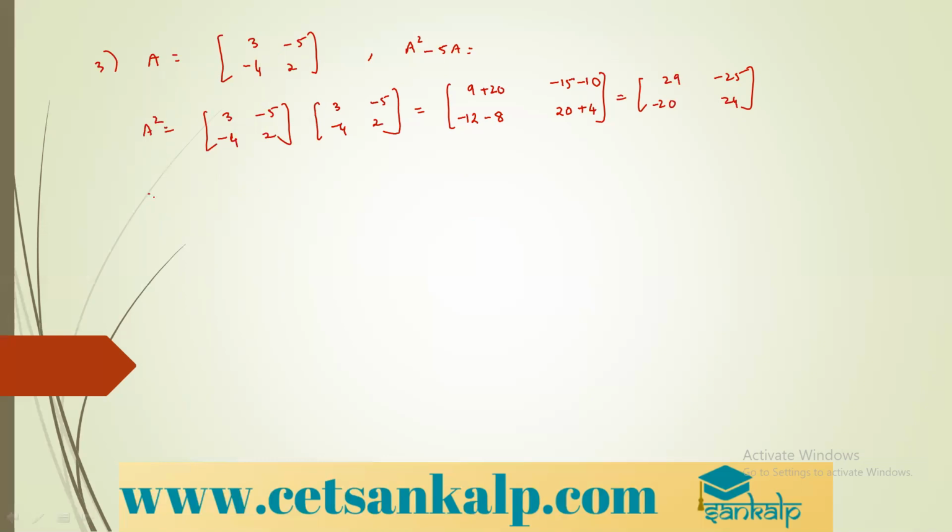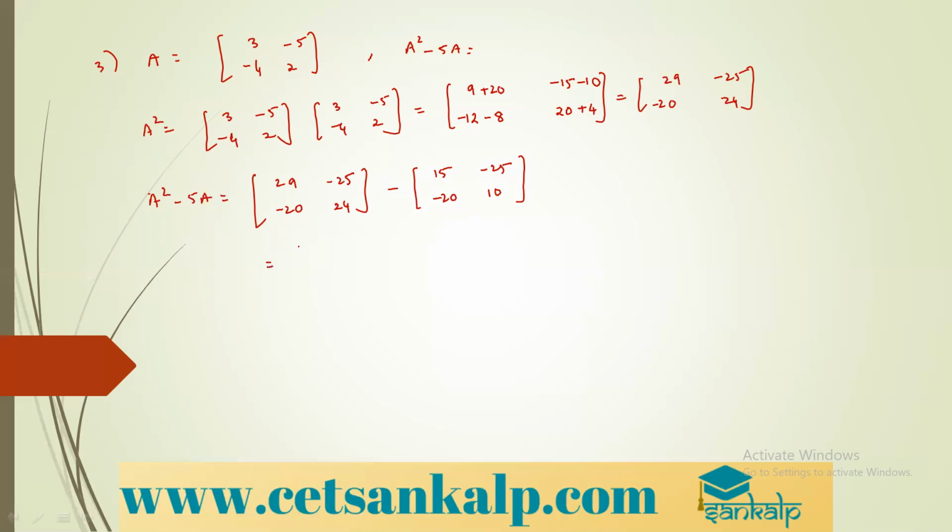Next, I will take A square minus 5A. That is A square, I got [29, -25; -20, 24], minus 5 into A will be [15, -25; -20, 10].